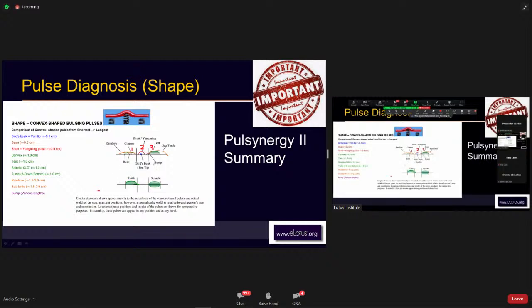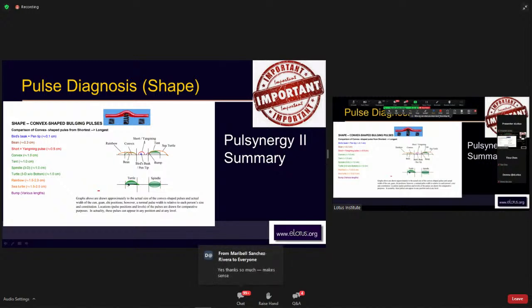So if you take a look, you can see the different definitions of the pulses and where they would appear on each of the positions. I think this is very helpful for you to know, because in the beginning, what are all these pulses? Can a turtle be at all positions? Gee, no, turtles only appear on the Ci position.